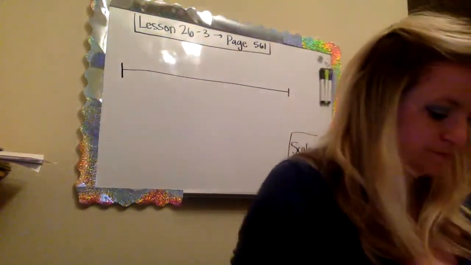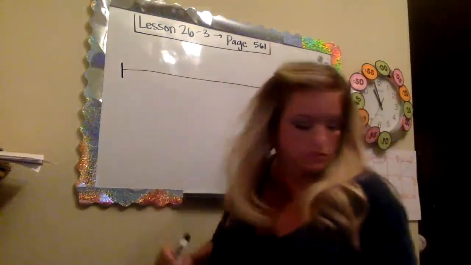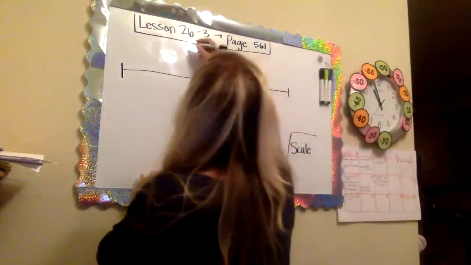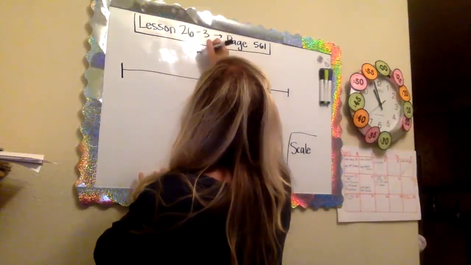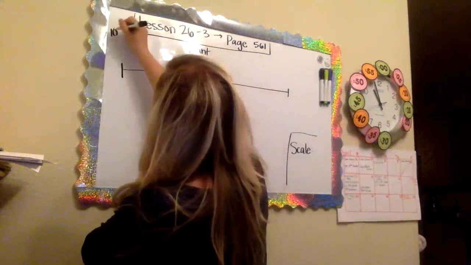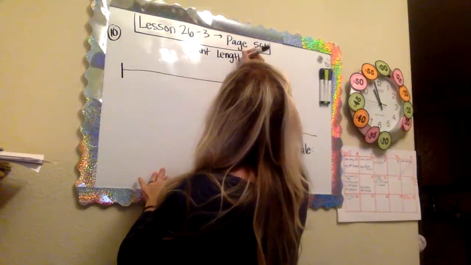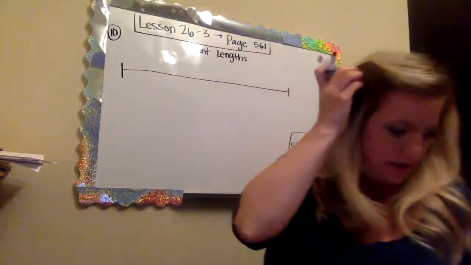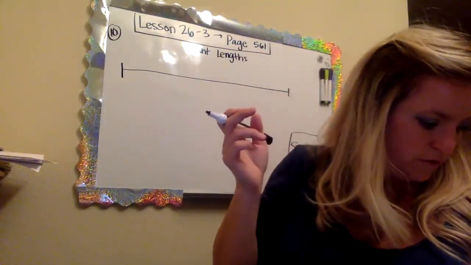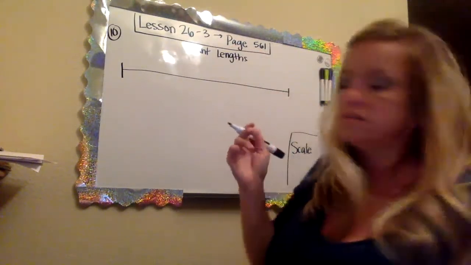So I'm going to do plant lengths as my title. This is number 10. Plant lengths. And then the data is 1, 2, 3, 4, 5, 6, 8.